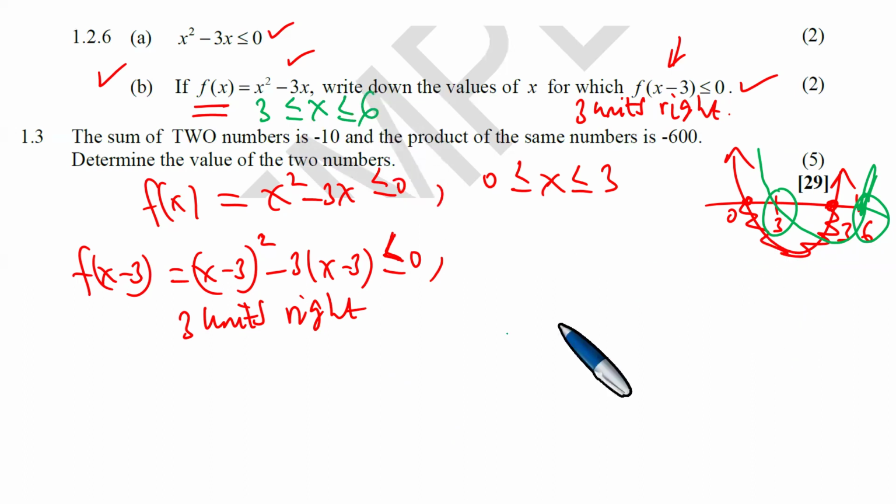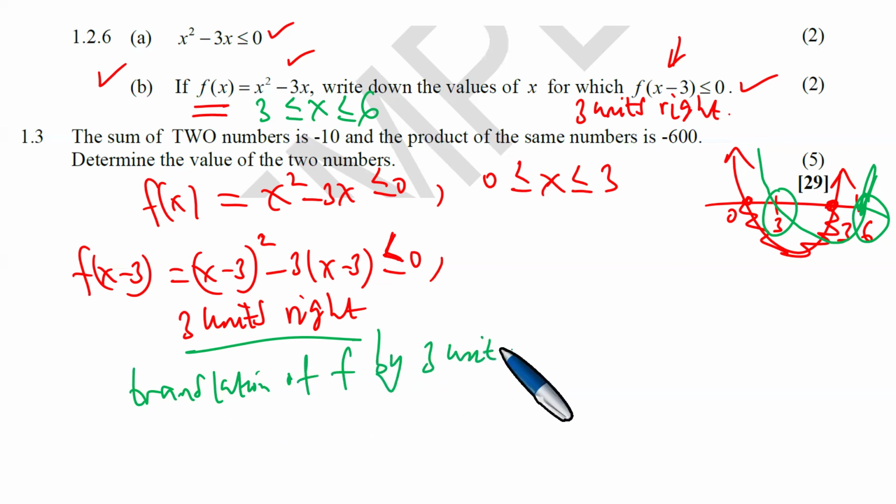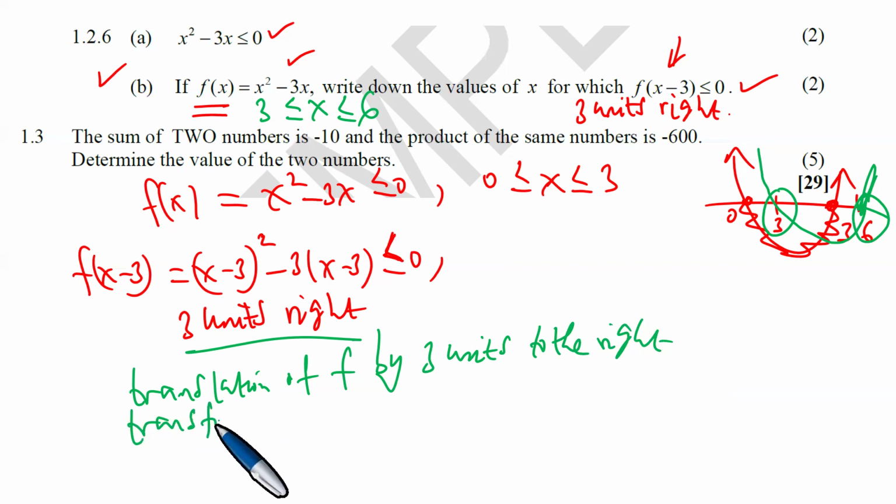There are many ways to do this question, but you're analyzing this in terms of a translation of f by 3 units to the right, and it yields the result. The translation is also called a transformation.